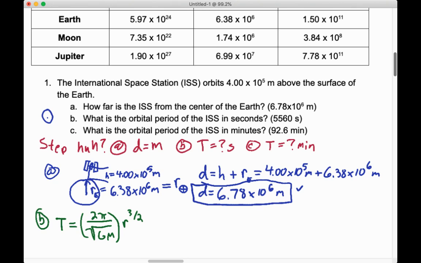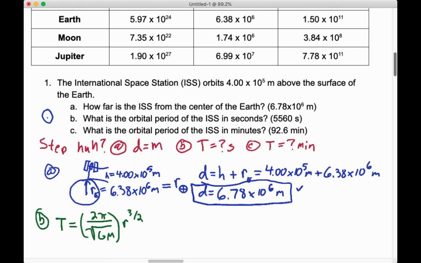If you're not super comfortable with the calculator, that's a fairly ugly looking piece of math right there. So you can do the problem this way if you want. The advantage of doing it this way, if you're really good at the calculator, is it will just spit out the answer, that is T.